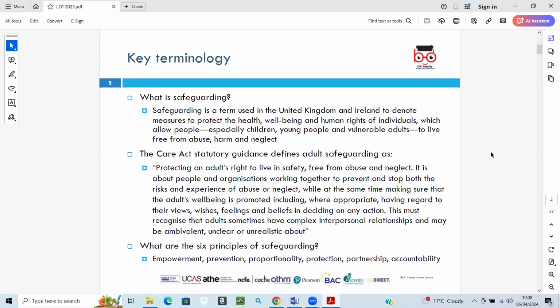There are six principles of safeguarding which we establish as a part of the CARE Act 2014 in the United Kingdom. Safeguarding is a term used in the United Kingdom and Ireland, with measures to protect the health, well-being, and human rights of individuals.